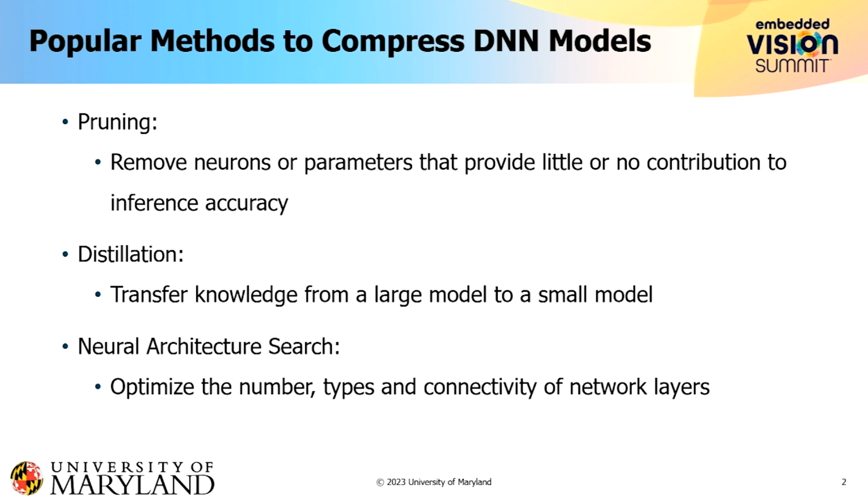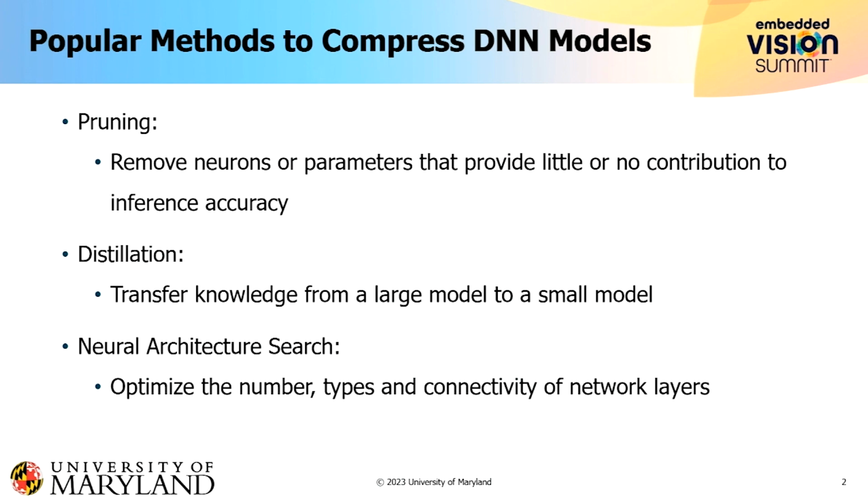And there's also neural architecture search, which is a higher level version of pruning, where we look at the overall network architecture and try to streamline it, including the number of layers, the types of layers, and the connectivity of the network layers. And actually, some of the techniques I'll be talking about are a hybrid between pruning and also having some elements of neural architecture search.